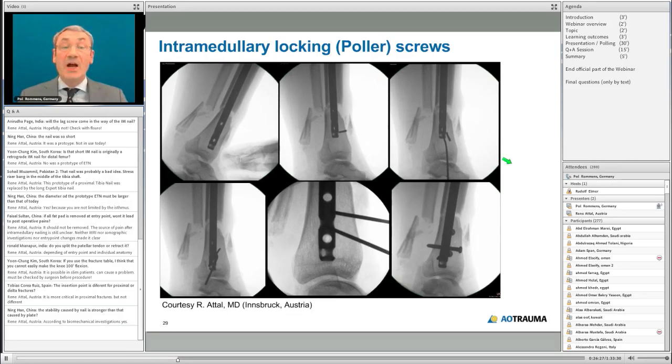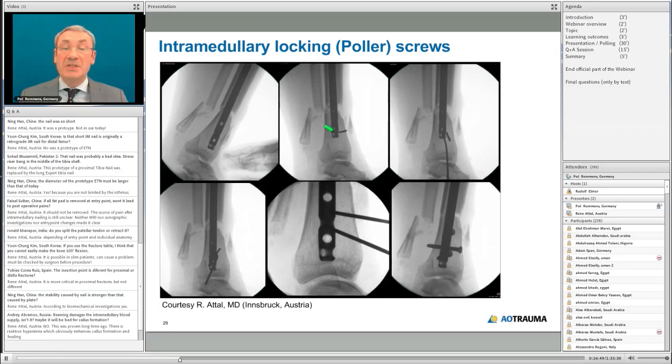Here you see a clinical example of this. This is a very unstable distal tibia fracture. The nail here was put in too anteriorly, so it was retracted partially. One Kirschner wire is put in the anterior part of the distal fragment, pushing the trajectory of the nail more posteriorly.